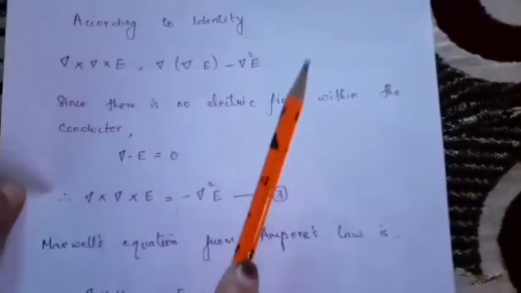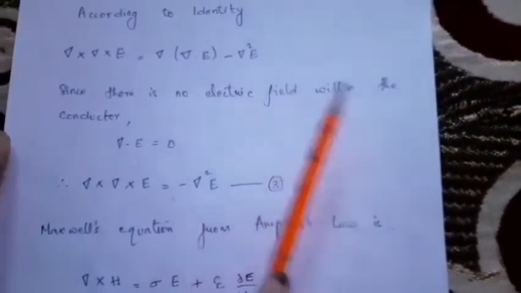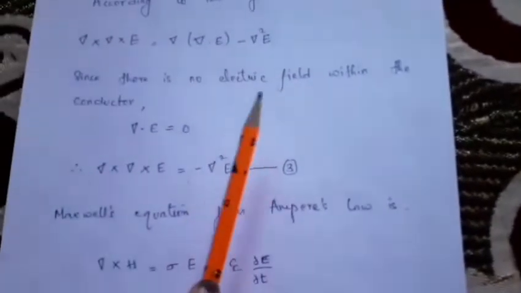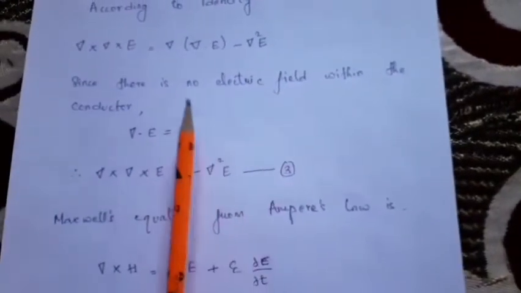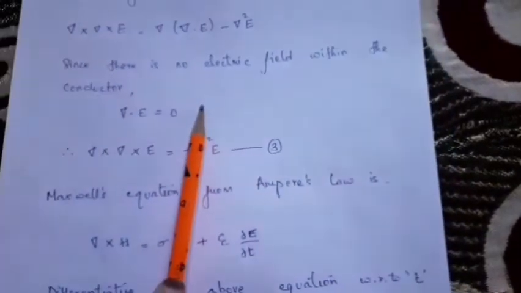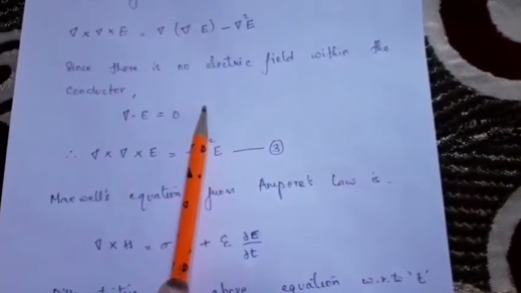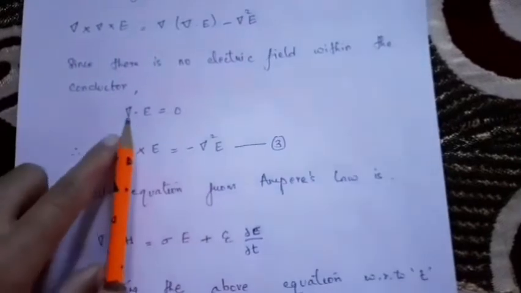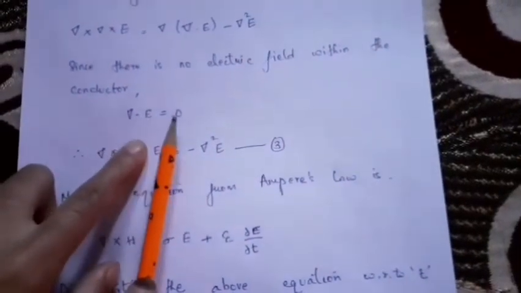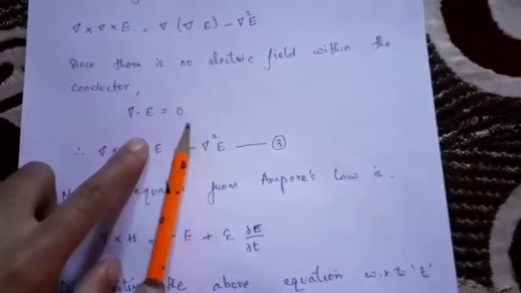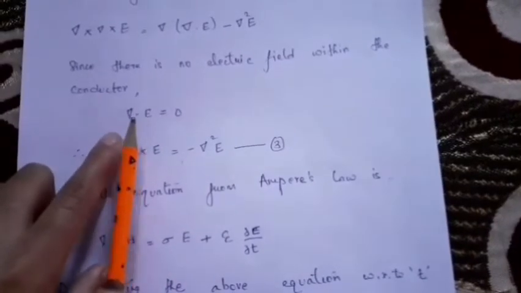And as you all know, one more concept is that there is no electric field within the conductor. Correct? So electric field is present only at the surface, not inside the conductor. Since there is no electric field within the conductor, del dot E will be 0. The divergence of the electric field becomes 0.